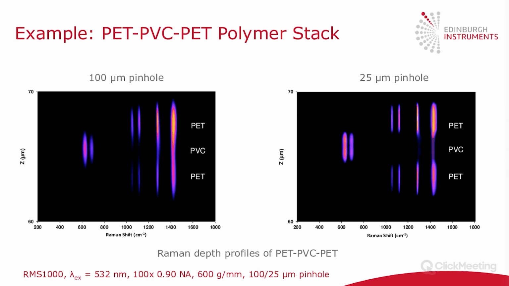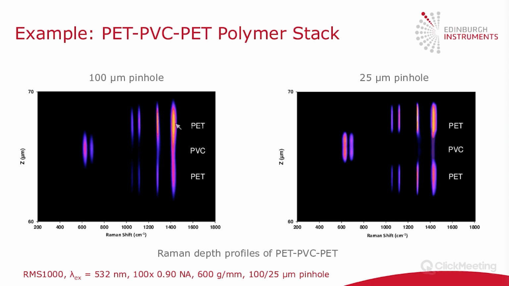An example of these Raman depth profiles is shown here. So I'll just take a couple of minutes here to explain what's shown. So the x-axis here is still the Raman shift, as you show in any Raman spectrum. But instead of showing the Raman spectrum as an intensity profile with lines, the spectral positions are instead shown by color.